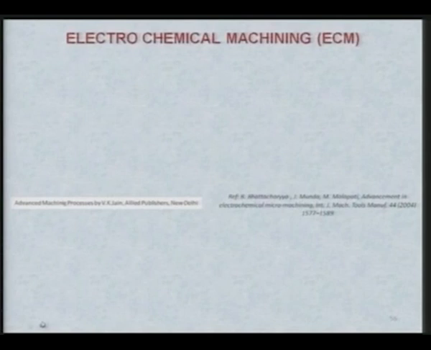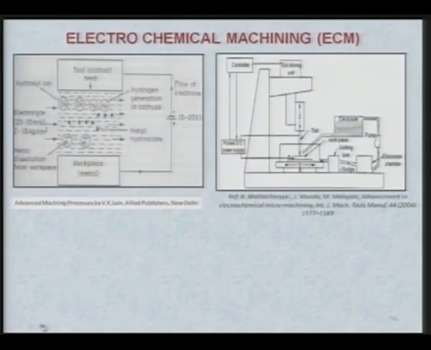Electrochemical micromachining. Now, this setup we have already discussed while we were discussing electrochemical machining in our earlier chapters, and it is quite obvious, where you have the tool as the cathode and the workpiece as the anode, and electrolyte flowing in the gap between the two electrodes.